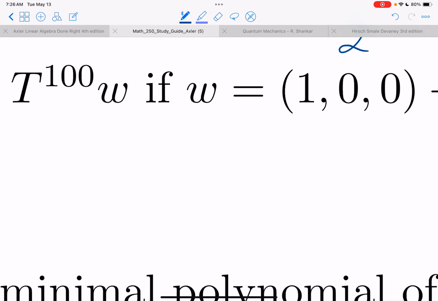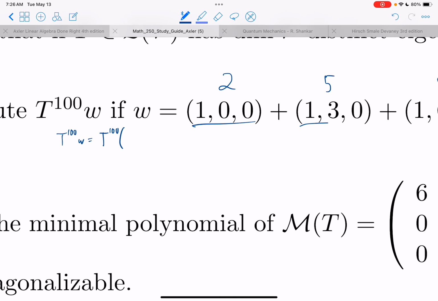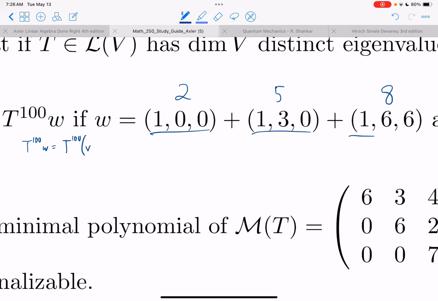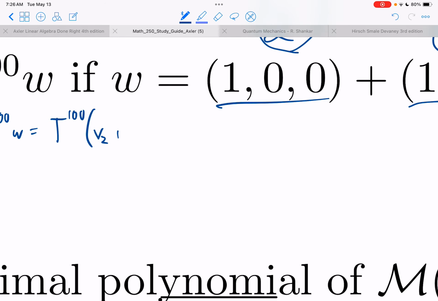Okay, so t to the 100 of w is t to the 100 of these things added together. Let's call them v2, v5, v8, so we just remember what the eigenvalues are. That just means we do t 100 times on v2, then t 100 times on v5, and then t 100 times on v8.